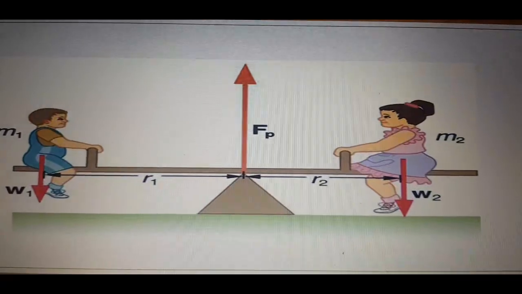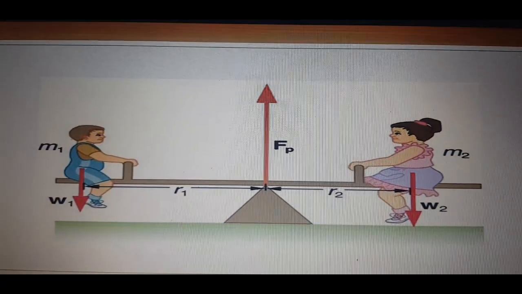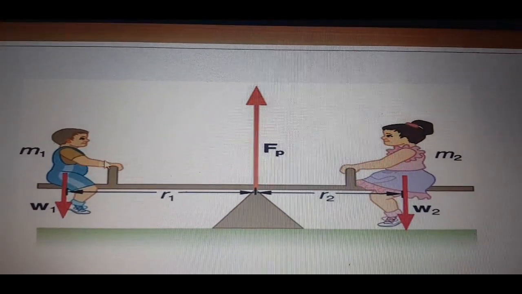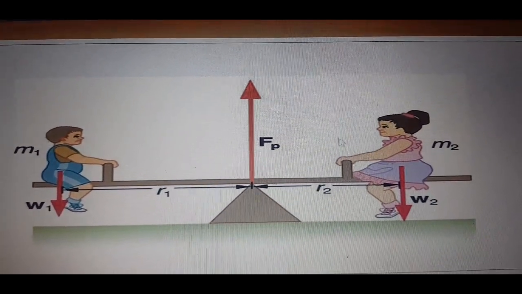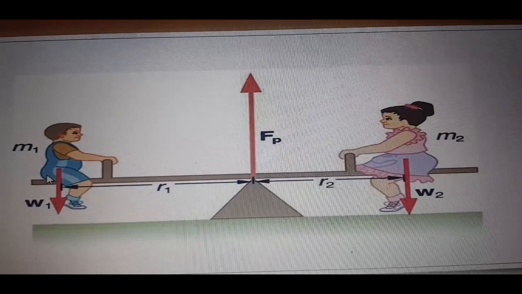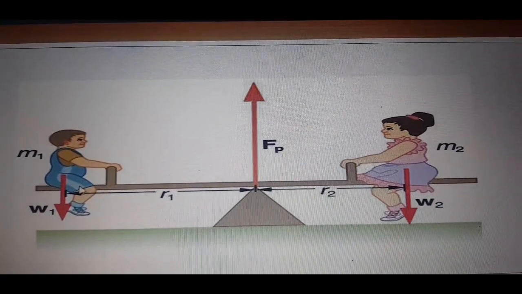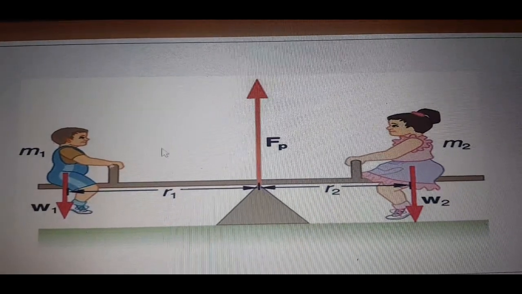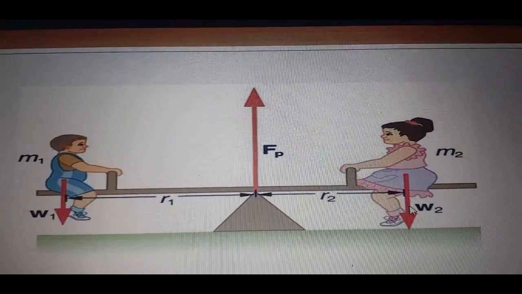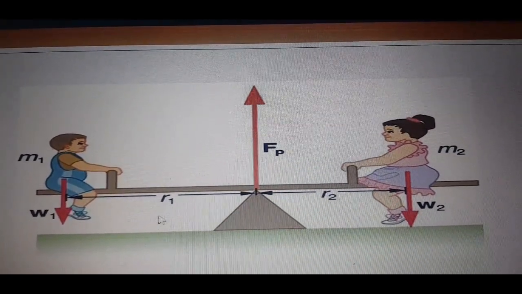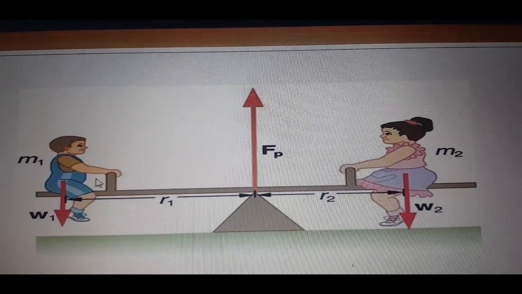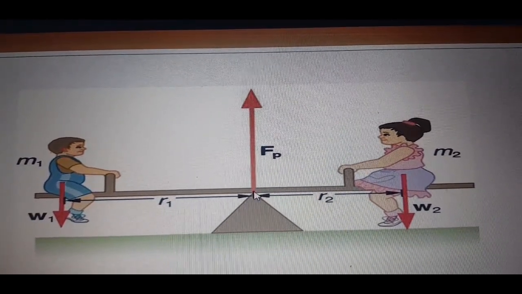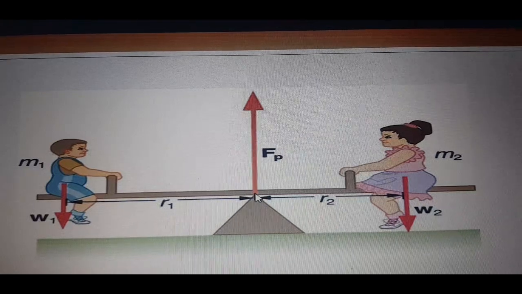So let's see another example. As you see, this is mass 1 and this is mass 2. They have the same weight and exert the same force, so the equilibrium is stable.